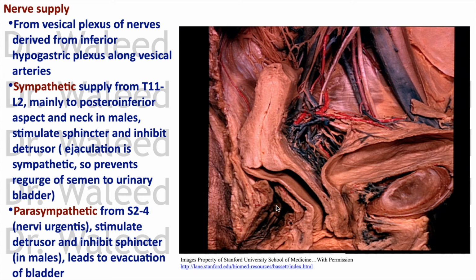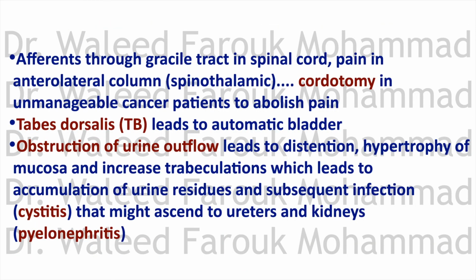Okay, and inhibit the sphincter, the internal urethral sphincter in males, and inhibit the urethral sphincter also in males and females for the urine to pass all over through the urethra. Okay, this is about the sympathetic and the parasympathetic components.